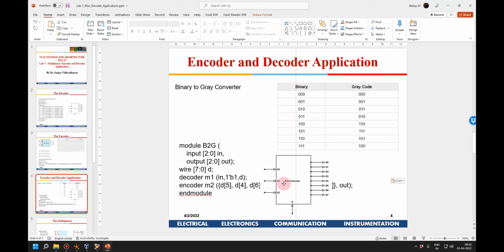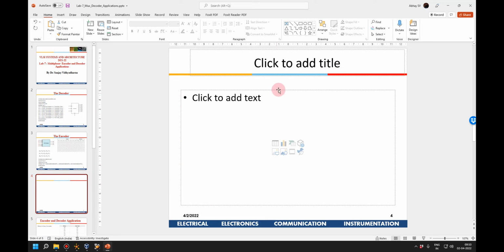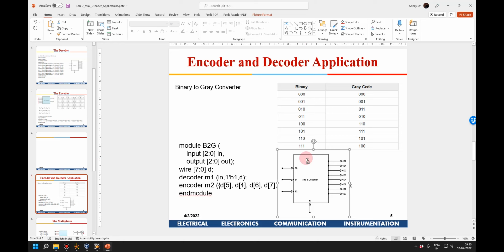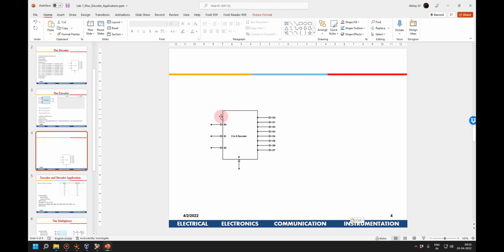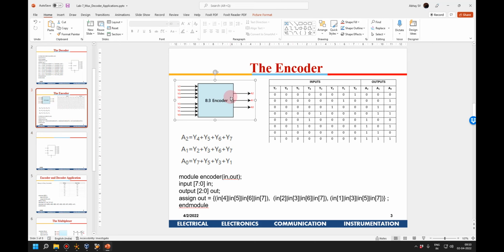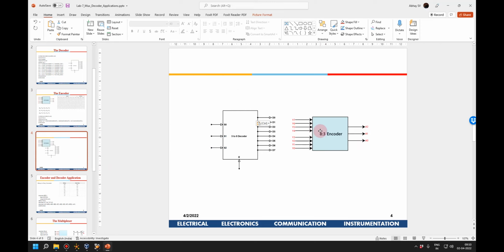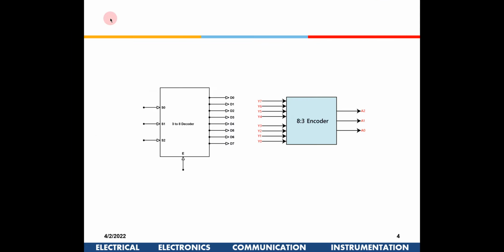Right, now what I am going to do is put an encoder. So I have this binary code which is coming out here, right?